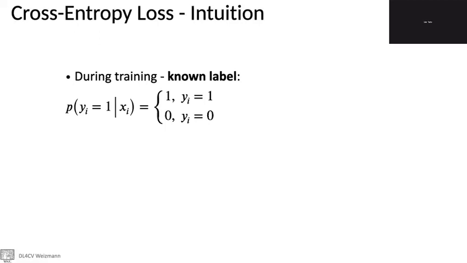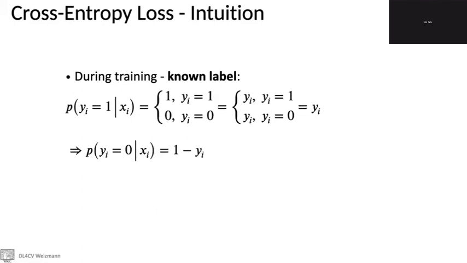So the probability of yi being 1 given xi is simply going to be 1 if it's labeled as 1, and 0 if it's labeled as 0. Accordingly, the probability of it being classified as 0 is 1 minus yi, because if yi is 0, the probability is 1, and if yi is 1, the probability is 0.